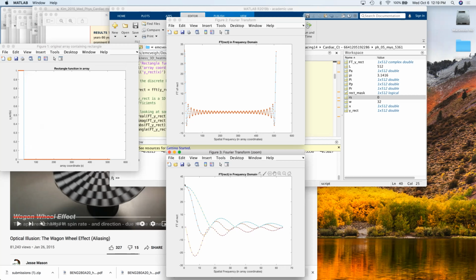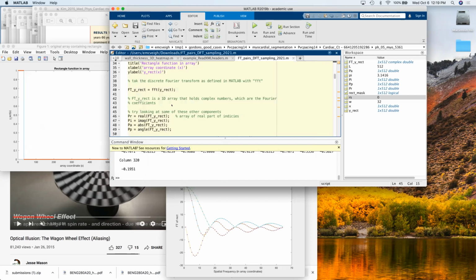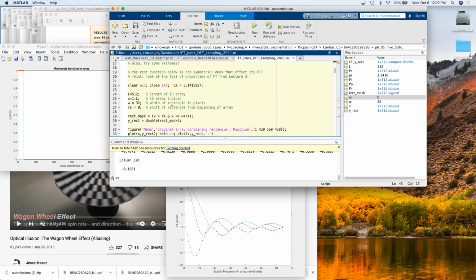And here's the real part, the imaginary part, and this is the magnitude of the function. So you can just take a look at this and say, okay, what would happen if I change the width of the rectangle to 4 points? So now I got 1,000 points here. No, 512 points. Let's make the width of the rectangle 4 points.